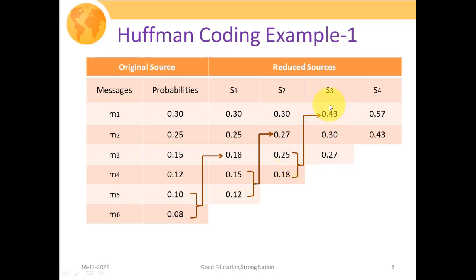So in this column we maintain 0.43, then 0.30 and 0.27. Then again we add the least two probabilities. The summation of 0.30 and 0.27 turns out to be 0.57, which is greater than 0.43. So we make this column, 0.57 and 0.43.